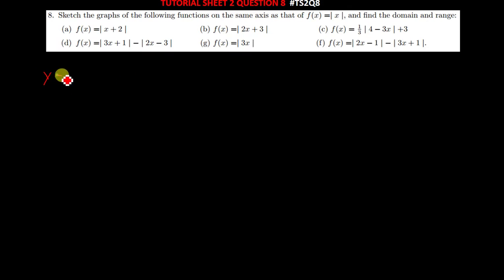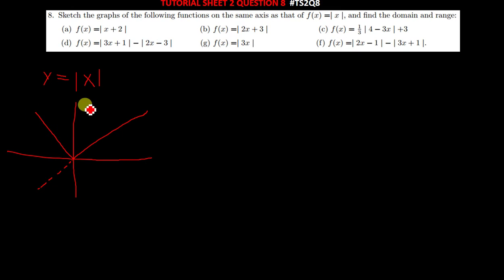So if we are to sketch the graph of, for instance, y is equal to the absolute value of x, the graph of this is going to come out like this. So y is equal to x is going to be this line going this side. But if we put x to be negative, instead of going to the negative side, it's going to go again to the positives.